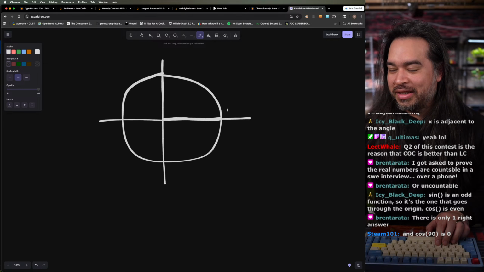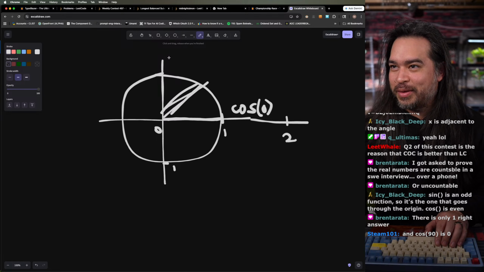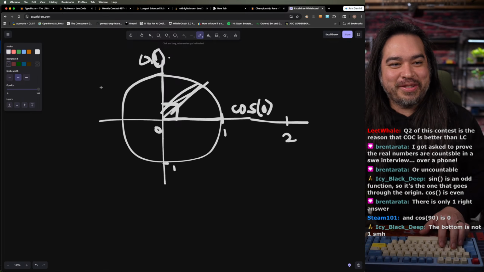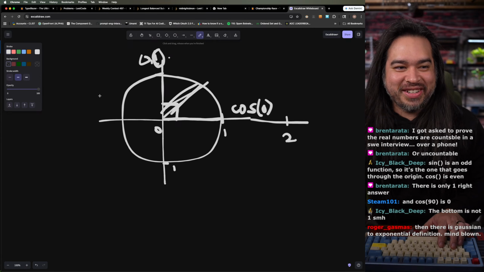This is cosine of 0, that's 1, 0. And this is square root of 2 over 2, the halfway point, 45 degrees, and this one is 0, 1. So sine of 90 would be just the y component, which is 1. That's the only thing I know, man. Wait, the bottom is not 1? Wait, negative 1. Jeez.